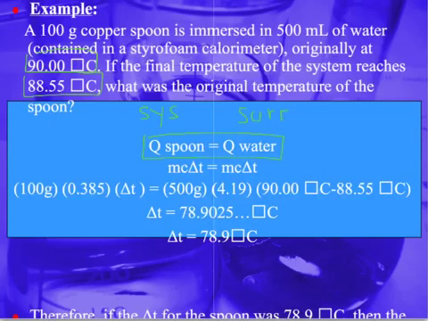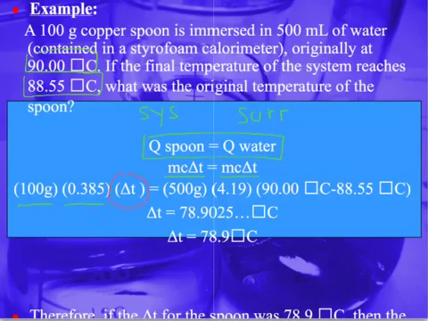To determine the amount of heat gained by the spoon, we're going to need to use the formula Q equals mc delta T. So we can substitute mc delta T for Q spoon. And to determine the amount of heat lost by the water, we're also going to use mc delta T. However, the masses will be different. So now we can substitute. We know that the mass of our spoon was 100 grams, and we're told, using a table, that the specific heat capacity of our copper spoon is 0.385 joules per gram degree Celsius, and we're asked to find the temperature.